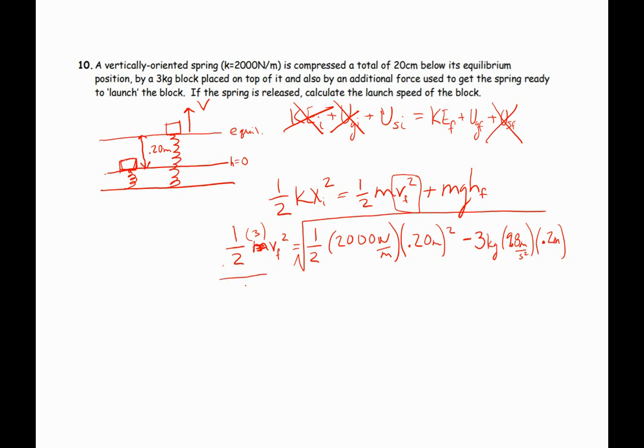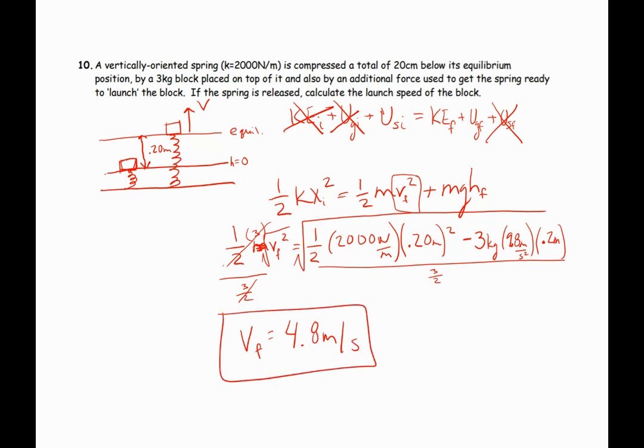So I'm going to divide both sides by 3/2, to cancel, take the square root now, and I end up getting that my v final is equal to 4.8 meters per second. Awesome.